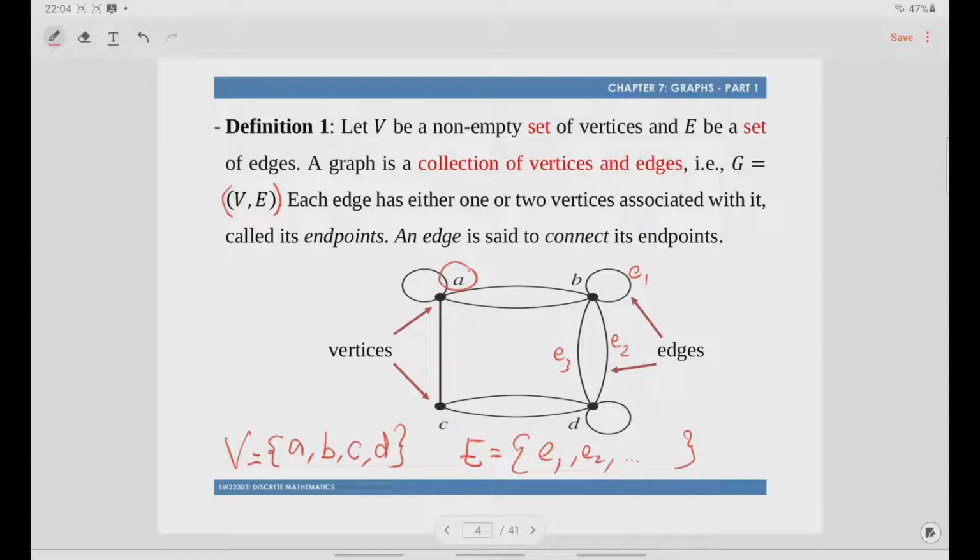We call them endpoints. For example, for the edge E3, we have vertex B and vertex D as the endpoints, because the edge E3 connects vertex B and vertex D. So these two vertices we call endpoints of the edge E3. An edge is said to connect its endpoints. All right.